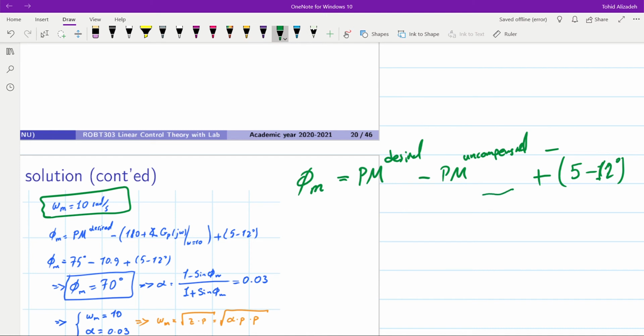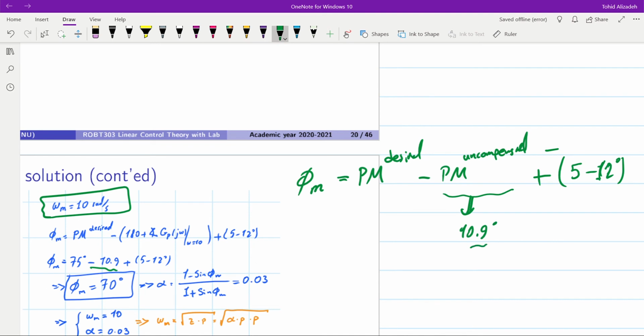The original phase margin, which was the one that we could obtain by moving the amplitude plot upwards by 20 decibels or making the crossover frequency equal to 10, is already calculated and it's equal to 10.9.